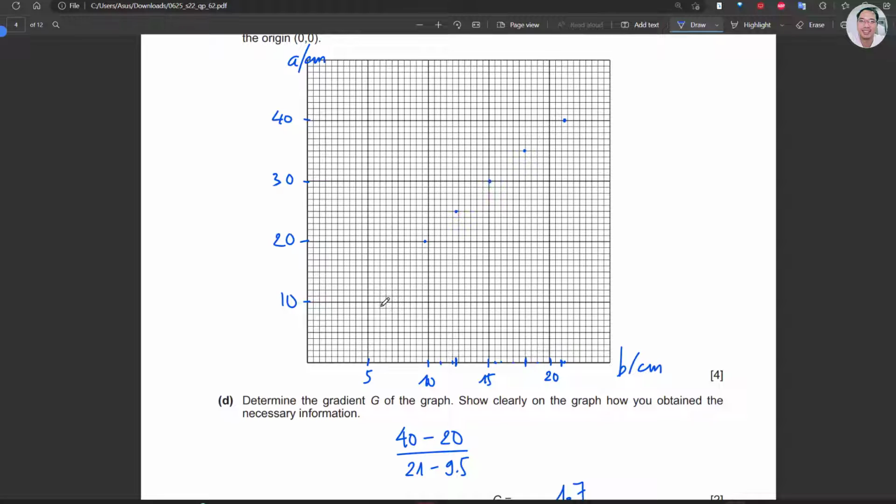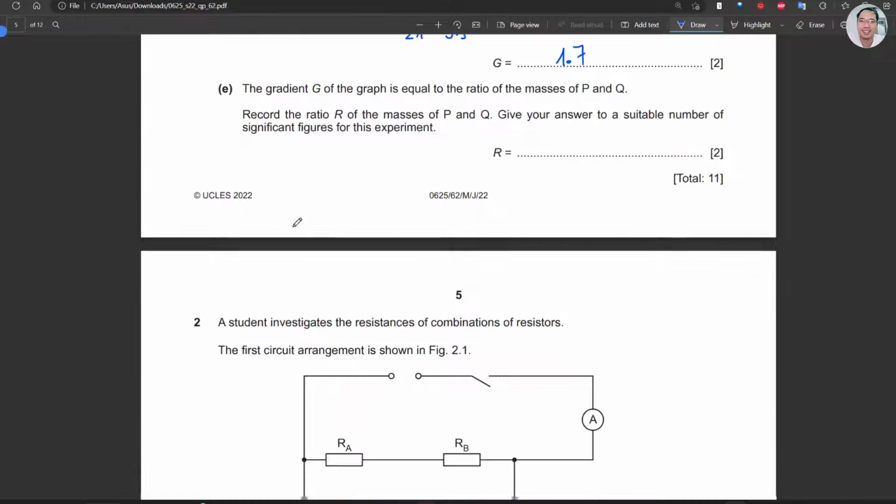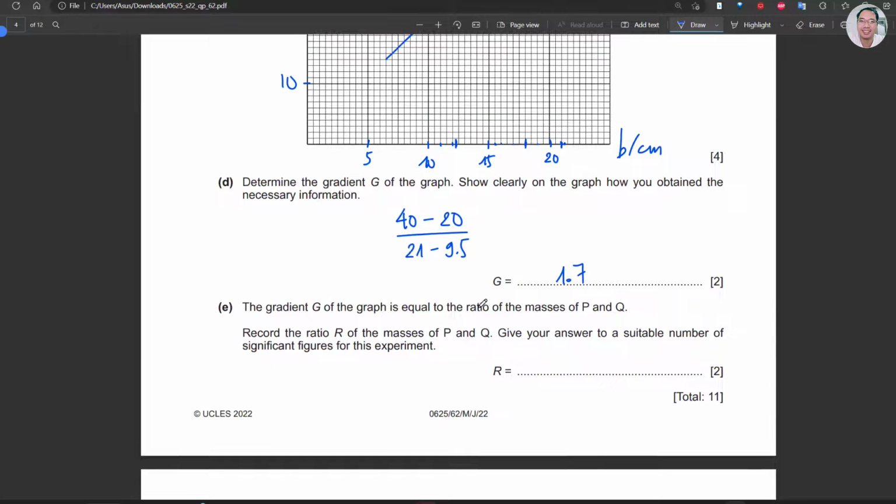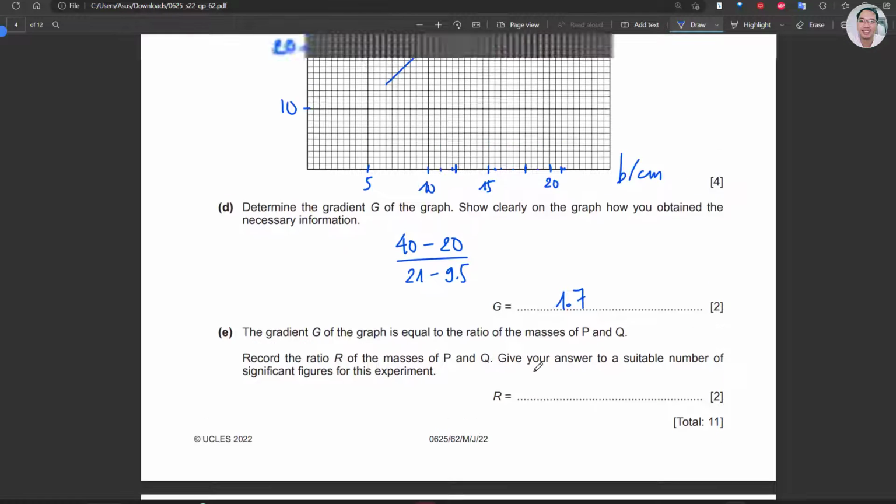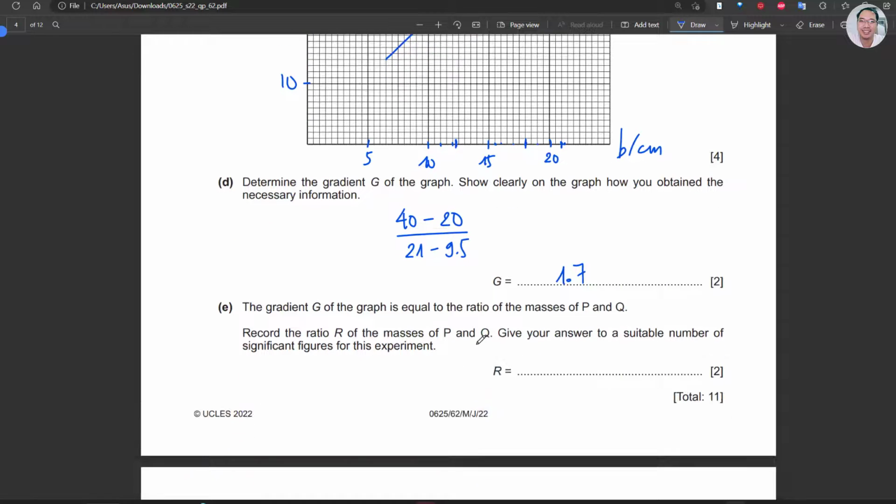The gradient is acceptable. The gradient of the graph is equal to the ratio of the masses P and Q. Okay, record the ratio R of the masses P and Q. Give the answer to an appropriate number of significant figures for the experiment. Gradient is the ratio.